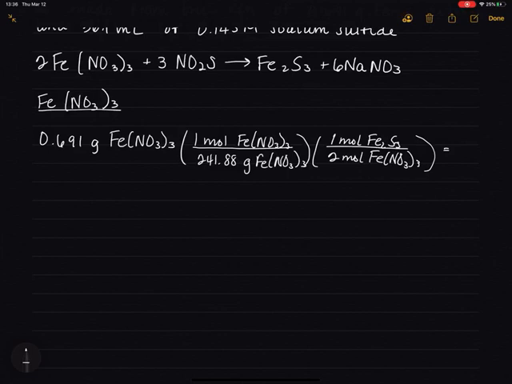Once we've gotten this far with our first reactant, we switch our attention to the other reactant.